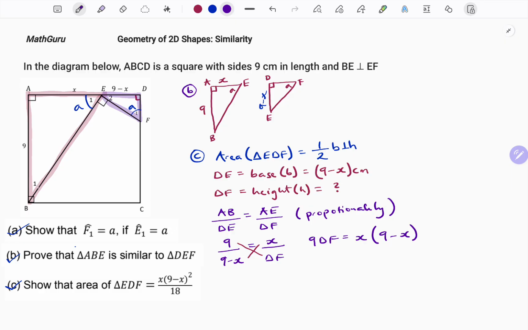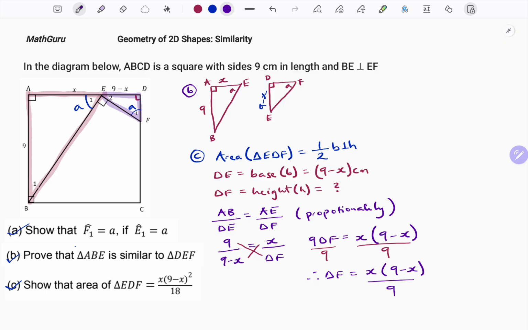So therefore, dividing both sides by 9, I have the side DF is equal to x in bracket 9 minus x divided by 9.